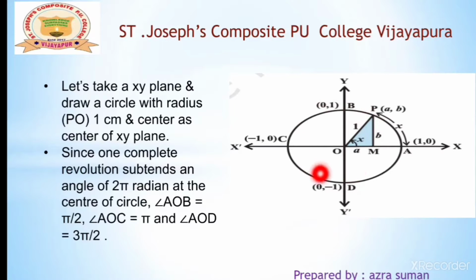Since one complete revolution subtends an angle of 2 pi radian at the center of the circle, the angle AOB equals pi by 2, that is 90 degrees, angle AOC is pi, that is 180 degrees, and angle AOD is 3 pi by 2, that is 270 degrees.